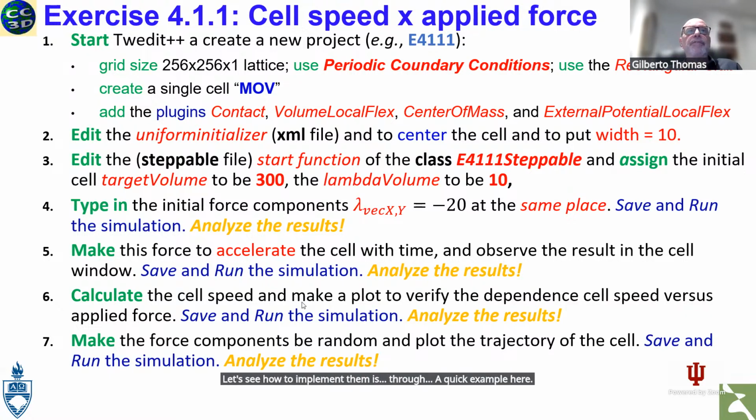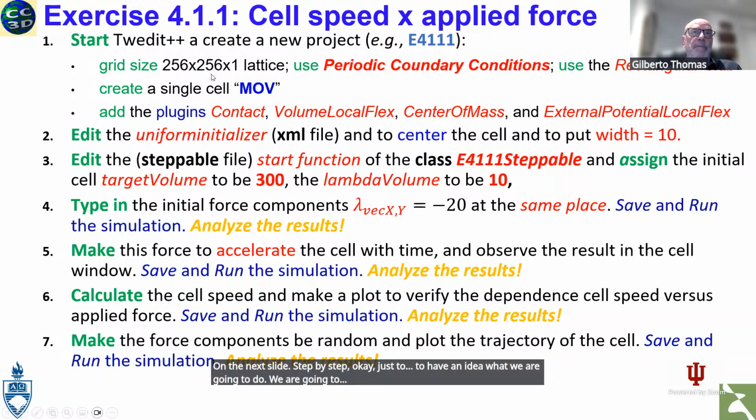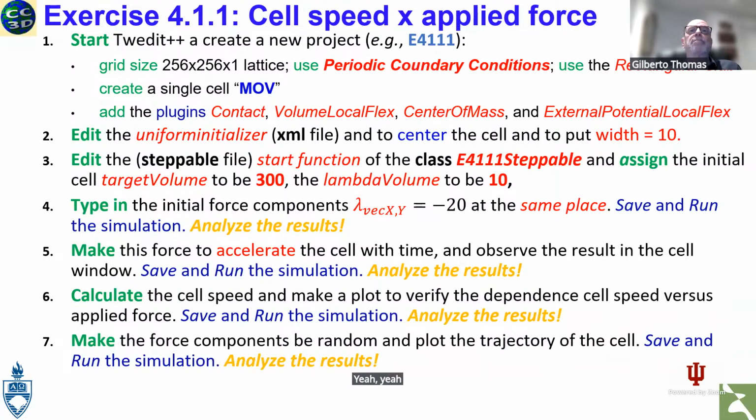First, I will present the whole exercise, but I will go through the next slides step by step, just to have an idea what we are going to do. We are going to create a little bit bigger lattice, create a cell, and include the external potential local flex.